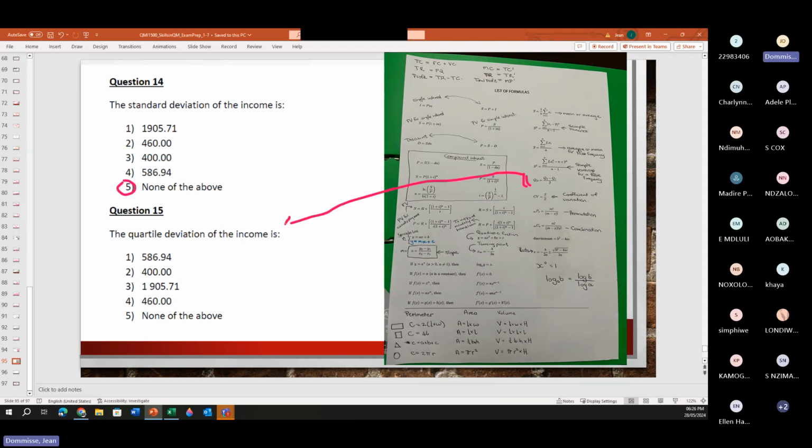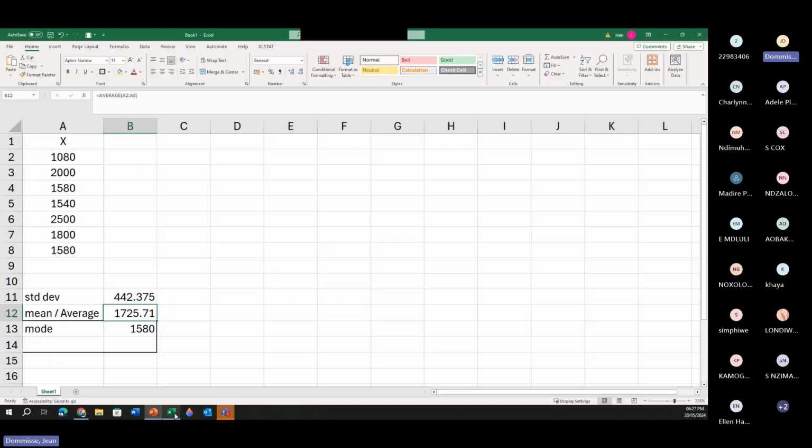I have not nearly seen it in previous work in the study guide. I can't remember that I've seen quartile deviation at all. But that is the quartile deviation: quarter 3 minus quarter 1 divided by 2.